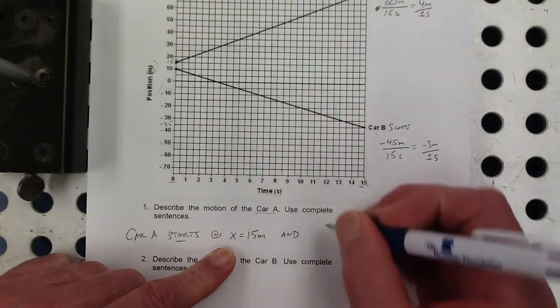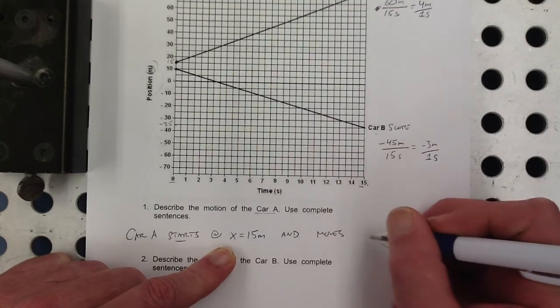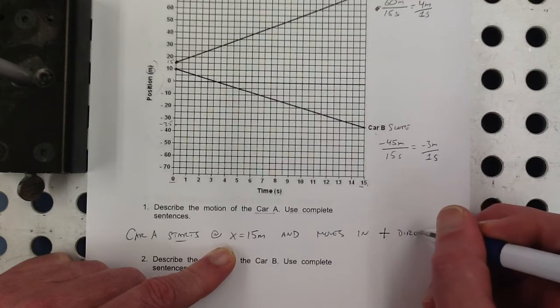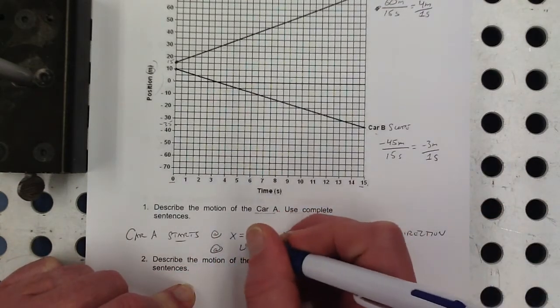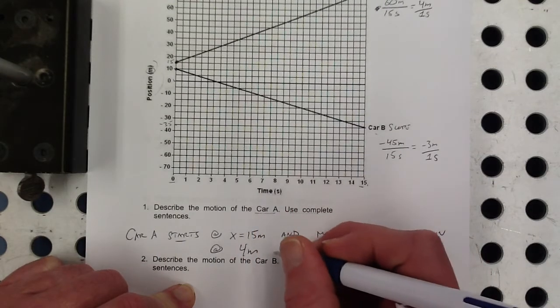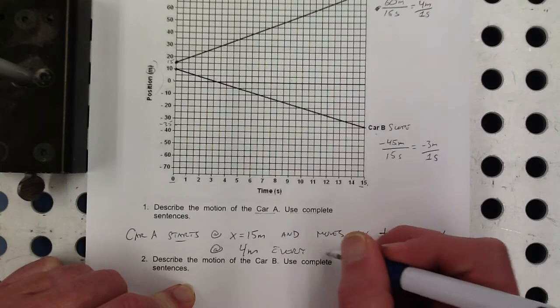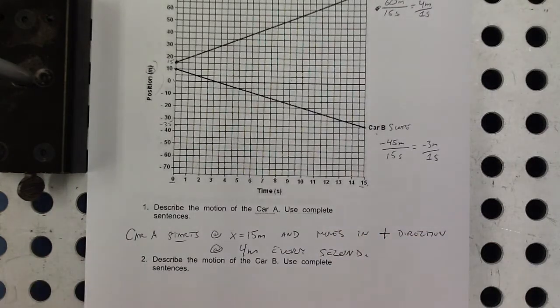That's the y-intercept. And moves in the positive direction at 4 meters every second. All right.